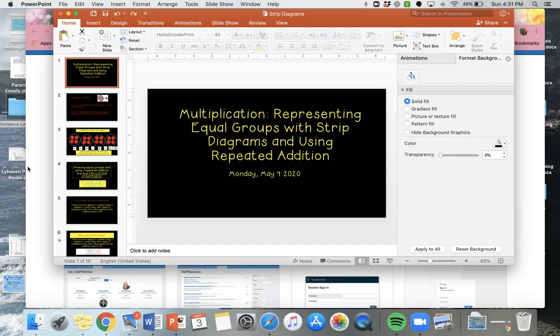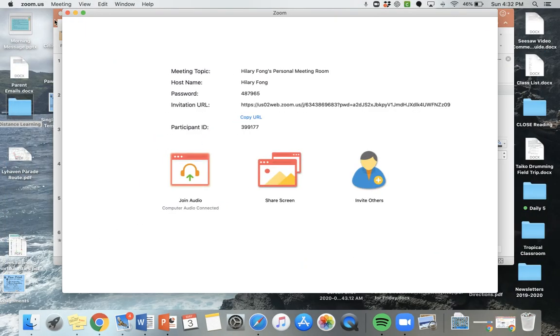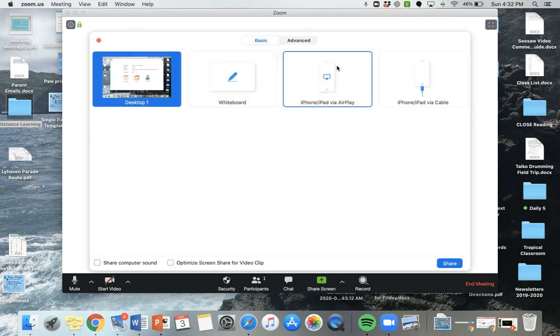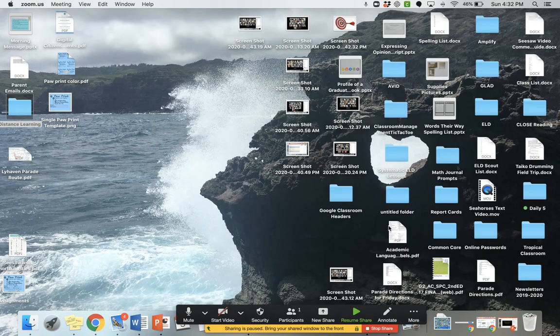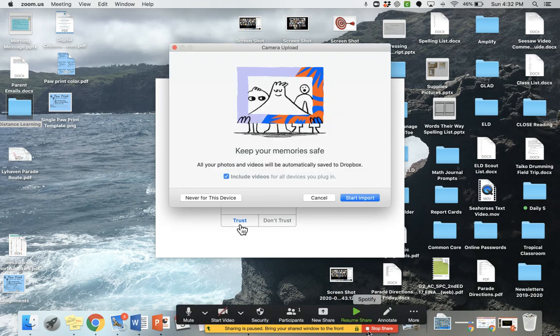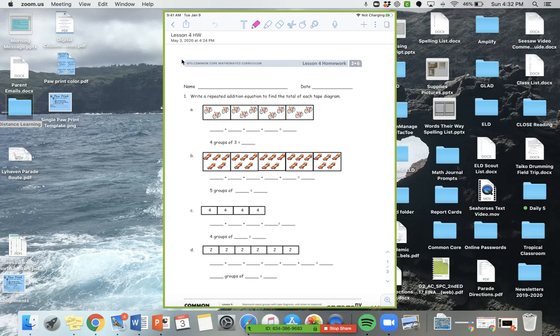So now what we're going to do is I'm actually going to try and show you. Let me just clear some of this stuff off and share my screen on my iPad. Okay, so here is a worksheet that sort of looks like what you're going to be doing.